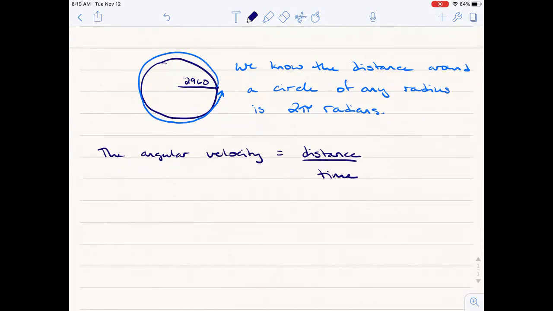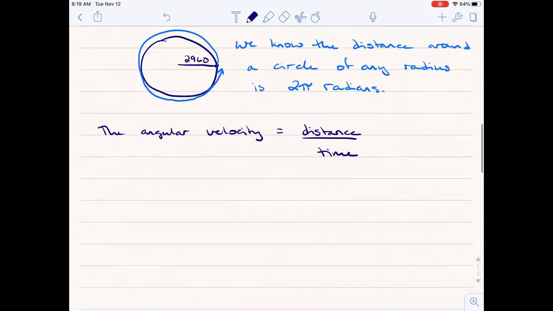The distance that we're traveling here is 2 pi radians, and the time that it takes us is 24 hours to travel around that circle.